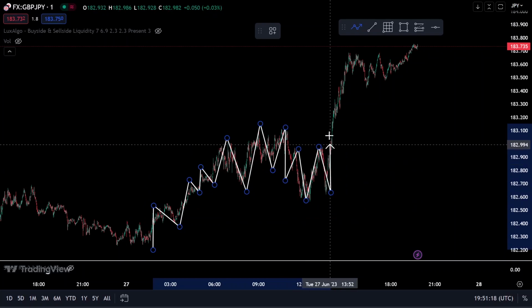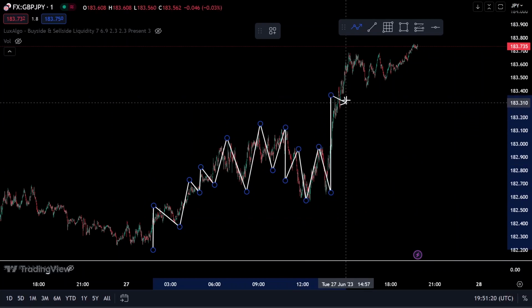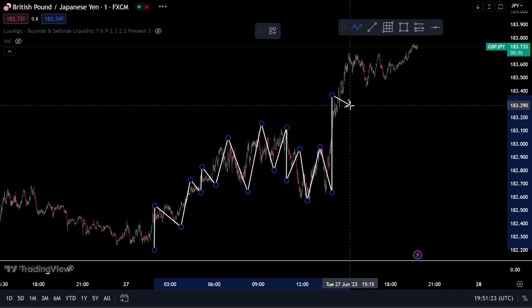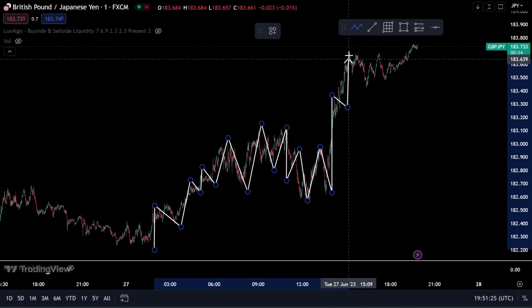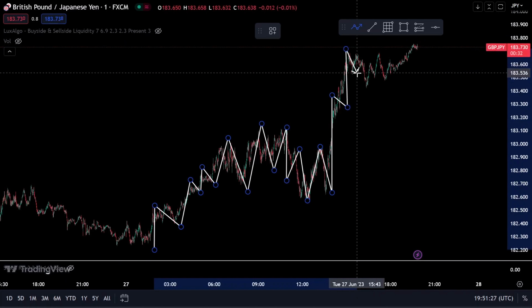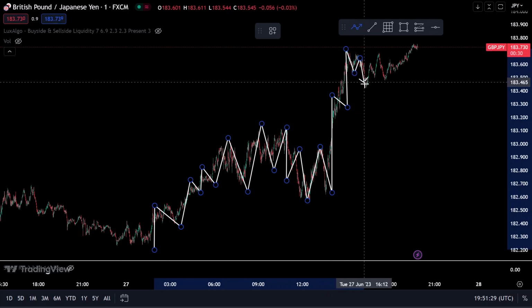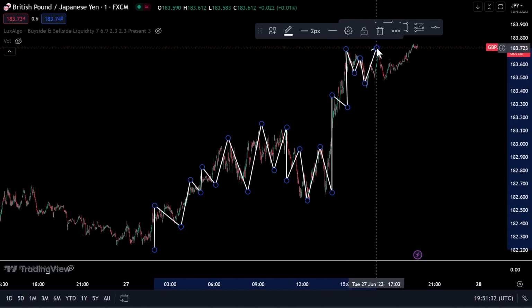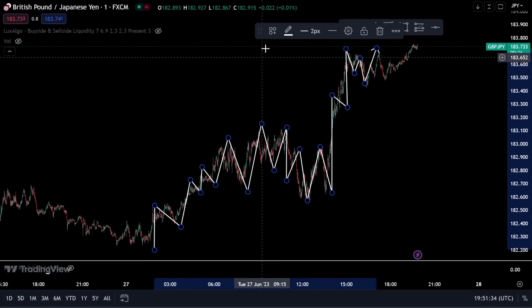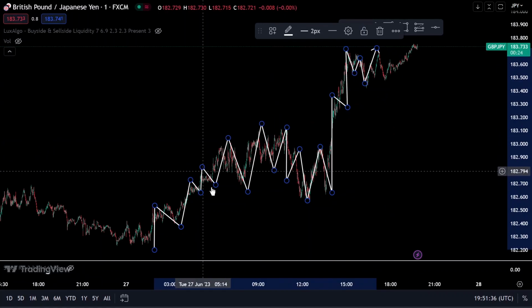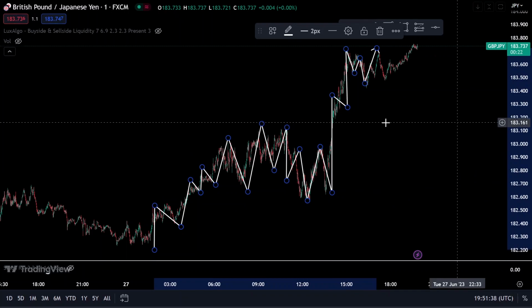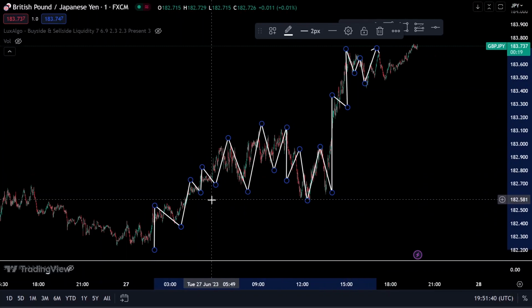So we can clearly see that the price or the chart for this particular GBP JPY is in an uptrend. This is a real time example. Anytime you're trading, make sure you find the trend of the market. You can see this is in an uptrend.